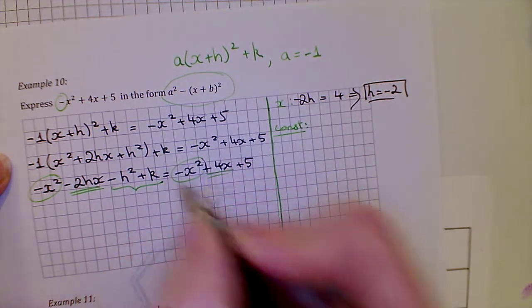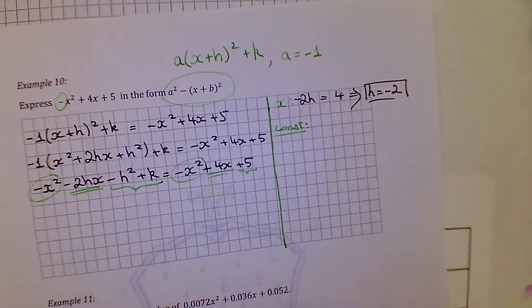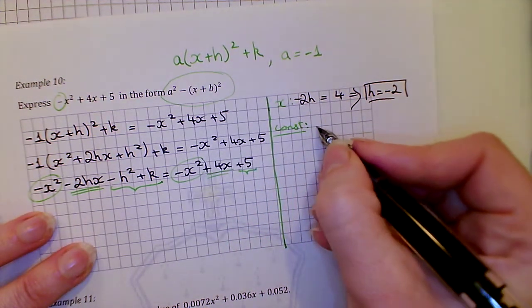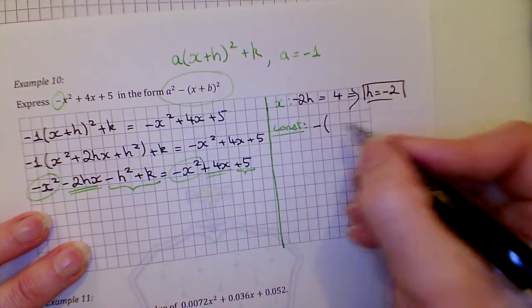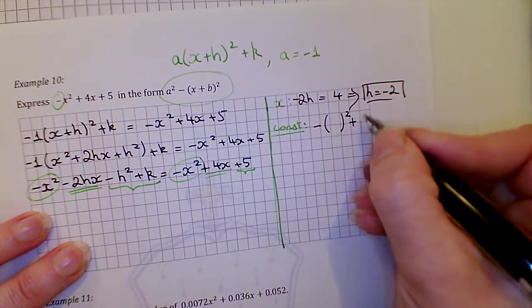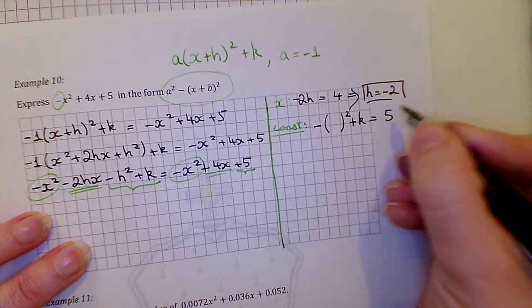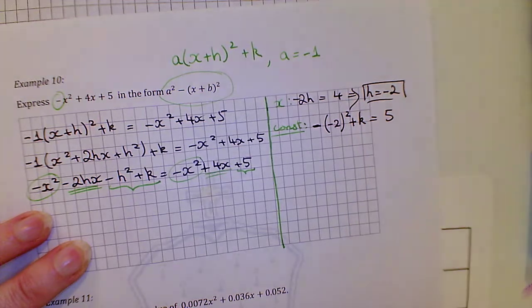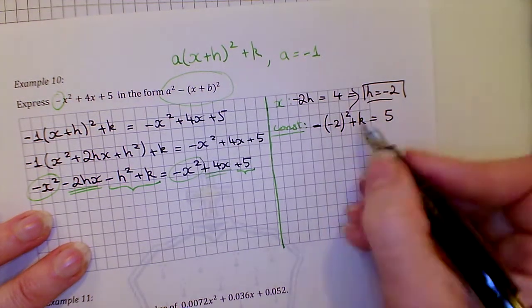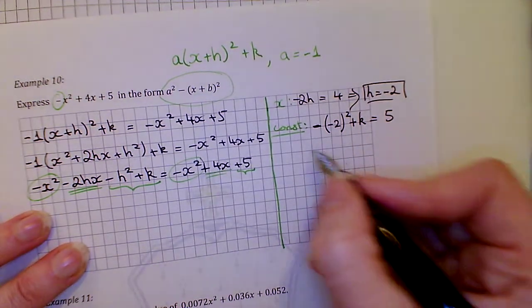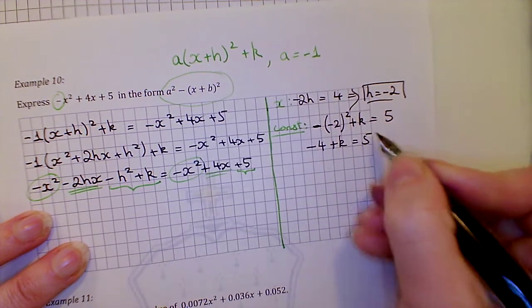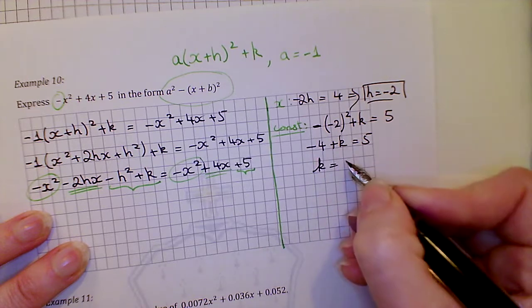So we have -h² + k equal to 5. And I fill in, the minus here must be outside the brackets. I won't get the right answer if I don't have it like that. So that gives me -4. -4 + k is equal to 5 and k is equal to 9.